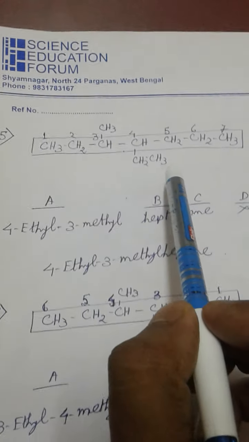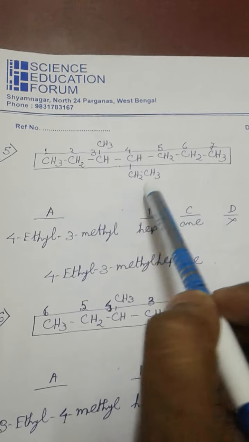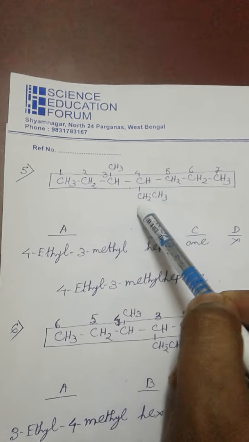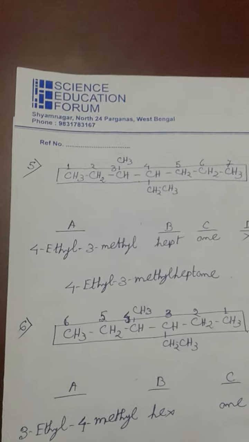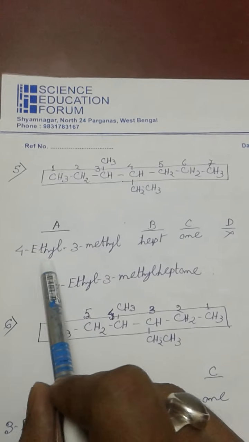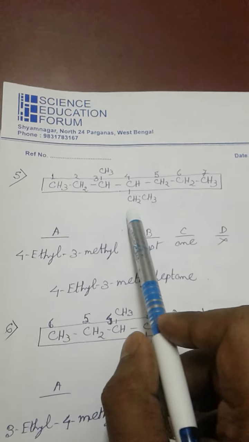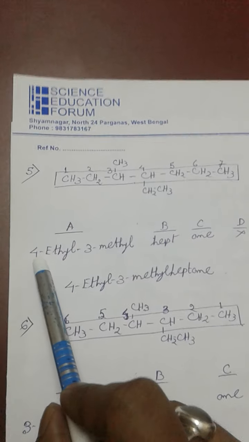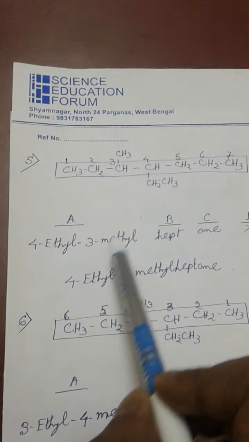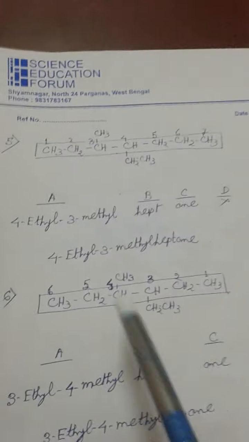Now here ethyl and methyl are present, so as the rule says, the side chain whose name comes first alphabetically must be written first. So ethyl comes first alphabetically, so we must write 4-ethyl and 3-methylheptane, because 7 carbons are present in the main chain.